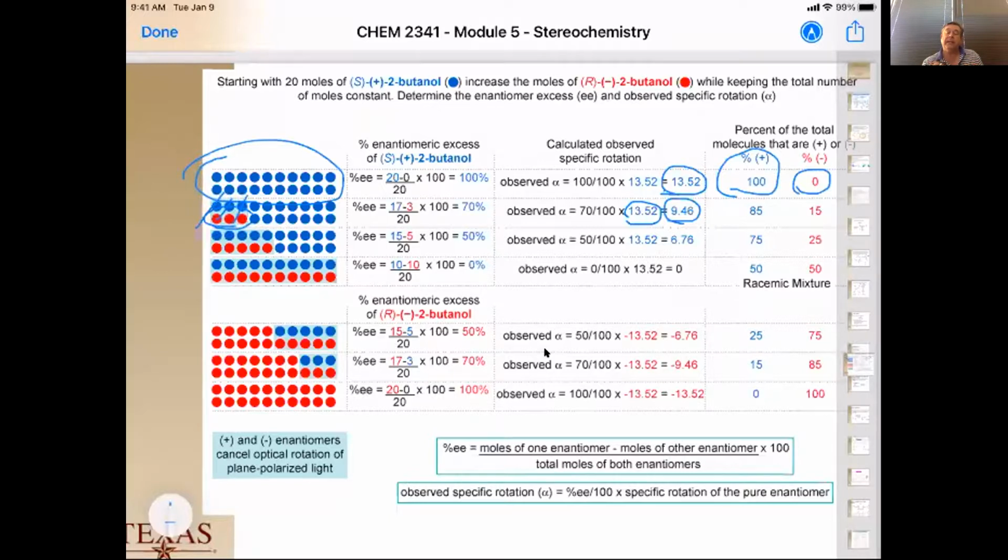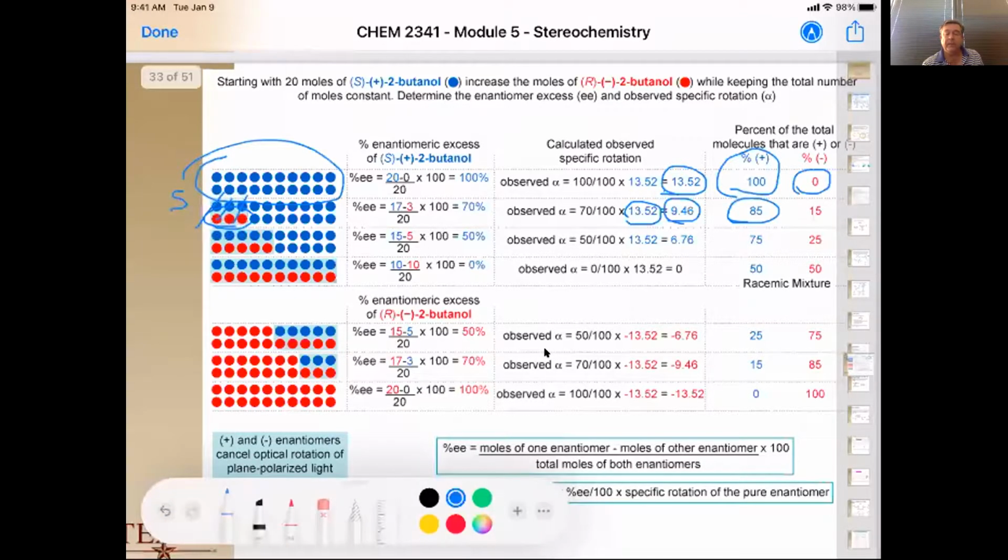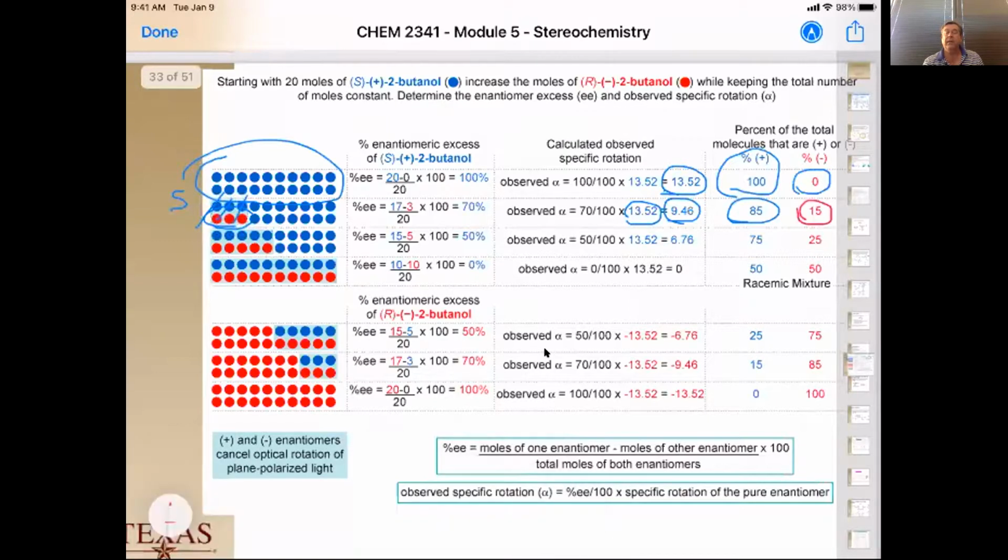And what that calculates out to on a mole basis is 85% the S isomer and 15% the R isomer. But our measured optical activity is only 70%. That's because those have to be canceled out before, and only the remaining set rotates the light.